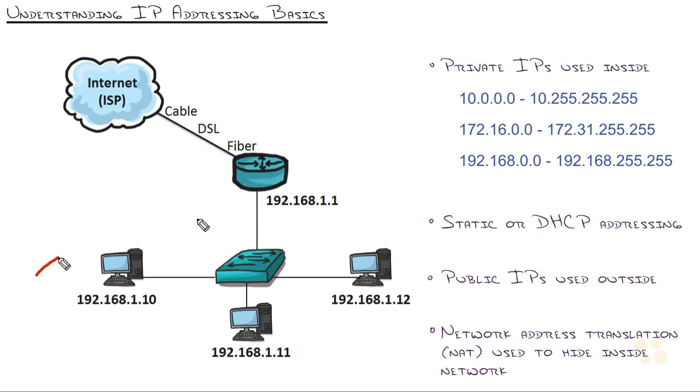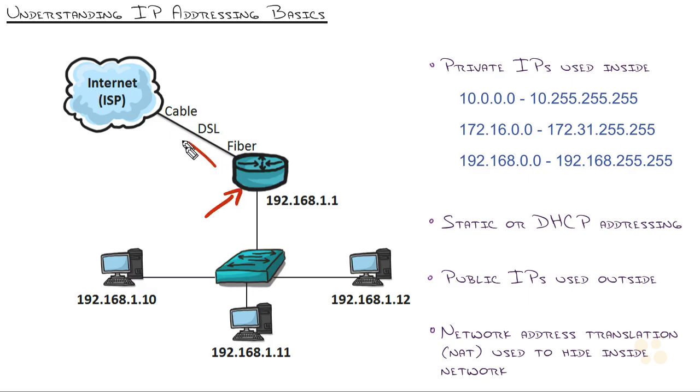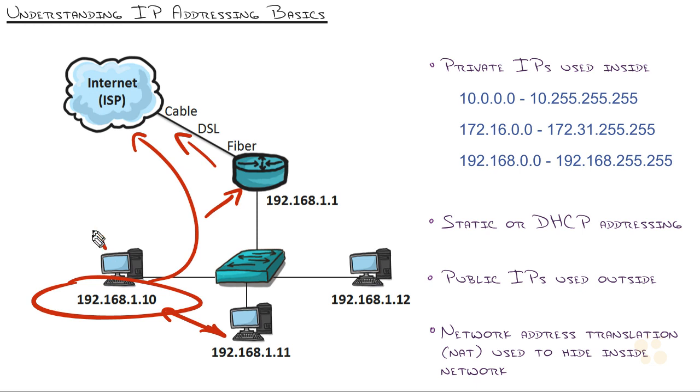Now let me expand that initial small network a little bit more and introduce a router and an internet connection, because in today's modern world, most of our communication doesn't go between devices on the same network. It goes from the device out to the internet. When you open a web browser on your computer and go to a website, I'll just say google.com, the computer will translate that name into whatever IP address Google has.